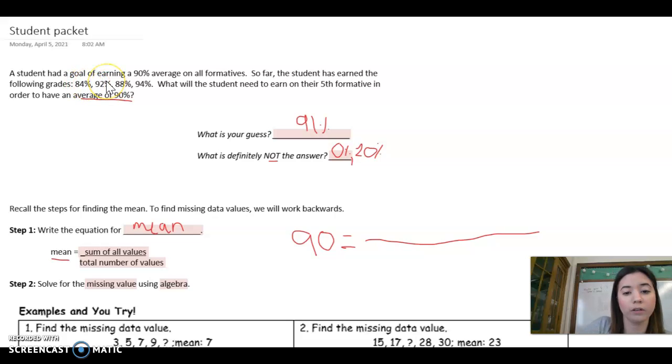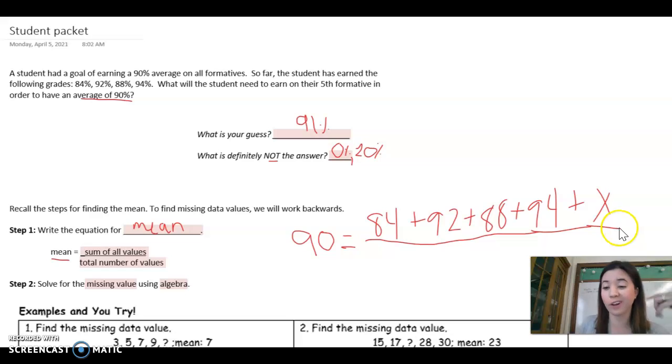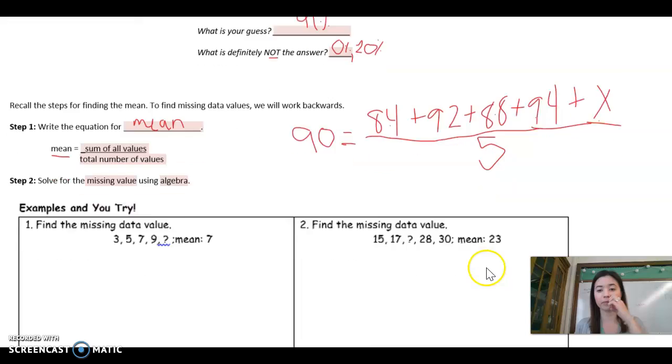So we have 84, 92, 88, 94, and then we don't know what they got on the fifth test. So we're going to leave an X there for our fifth test. Remember, an X is a variable, represents a number. You could also think about it as a blank. So that's all of our numbers added together, and then we divide it by how many numbers we have. We have 1, 2, 3, 4, 5 numbers, 5 tests we are taking.